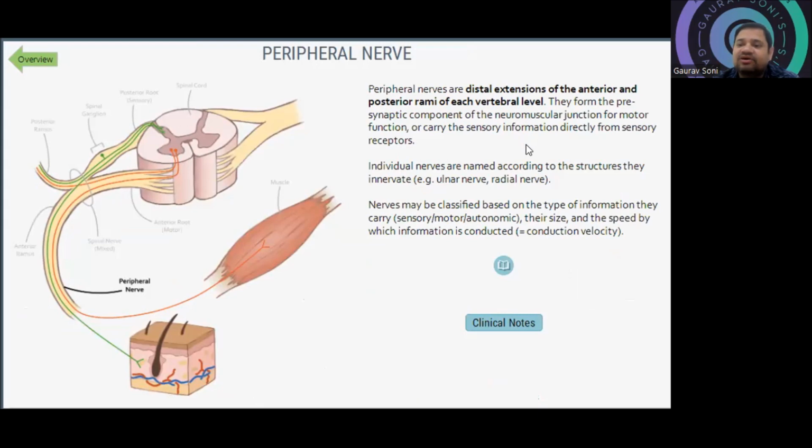Individual nerves are named according to the structures they innervate, like the ulnar part, the ulnar nerve, and the radial part, the radial nerve. Likewise, nerves may be classified on many different bases: whether they are sensory, motor, autonomic, their size, their speed, everything can be considered.